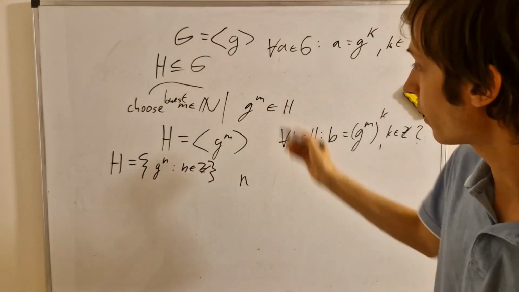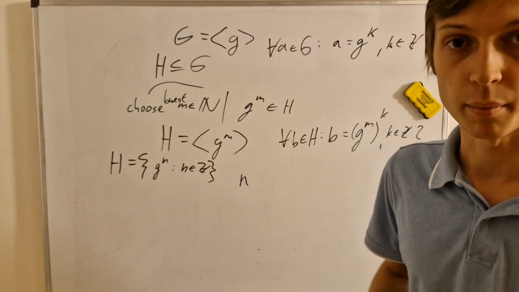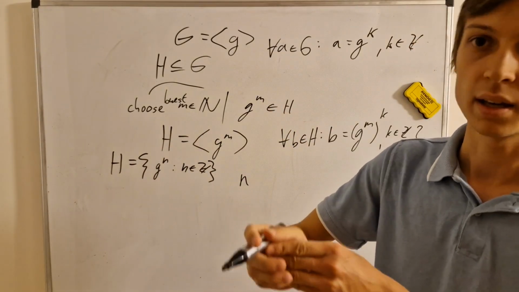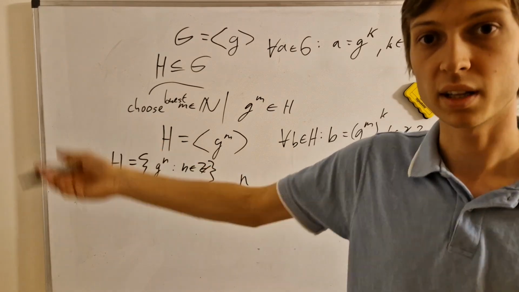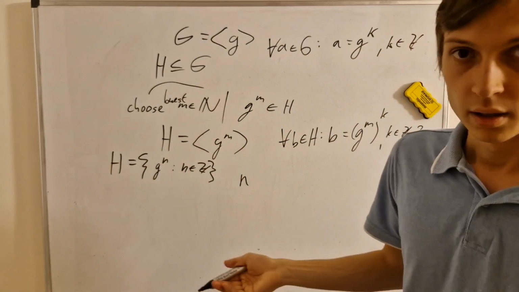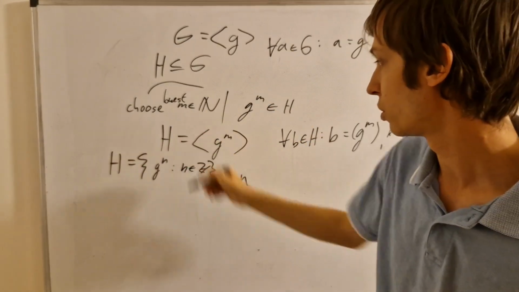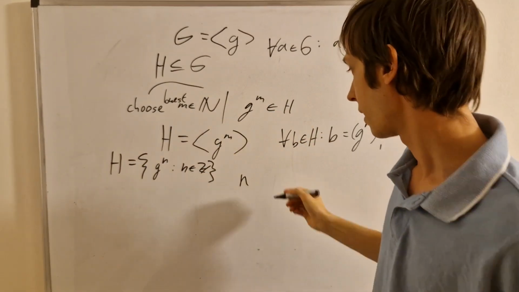Why? Because we want to see that every element of H is a power of G to the M. And that means by integer exponent properties, it's G to the M to something more, so that G to the M to something more will be equal to G to the N.